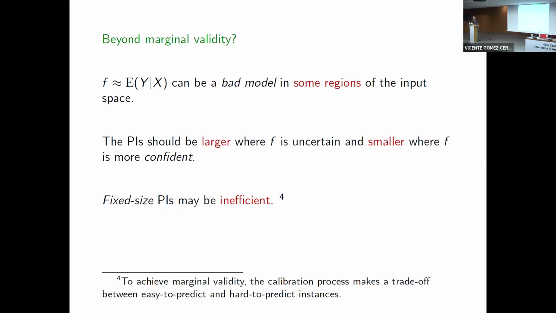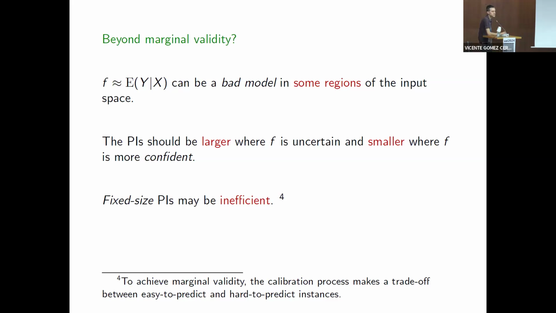So what we would like to achieve is a prediction interval that varies in shape, larger where f is uncertain and smaller where f is more confident. In other words, fixed-size prediction intervals are inefficient.